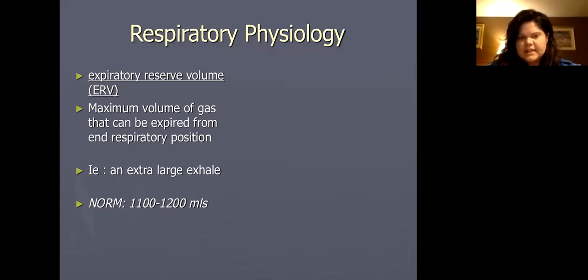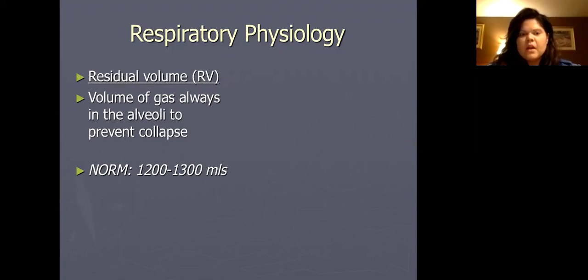That's going to be exhaling about 1,000 to 1,500 mils. Your residual volume is the volume of gas that allows the alveoli to prevent collapse, so the amount that stays in there residually after you're done breathing. Normal amount is about 1,200 to 1,300.